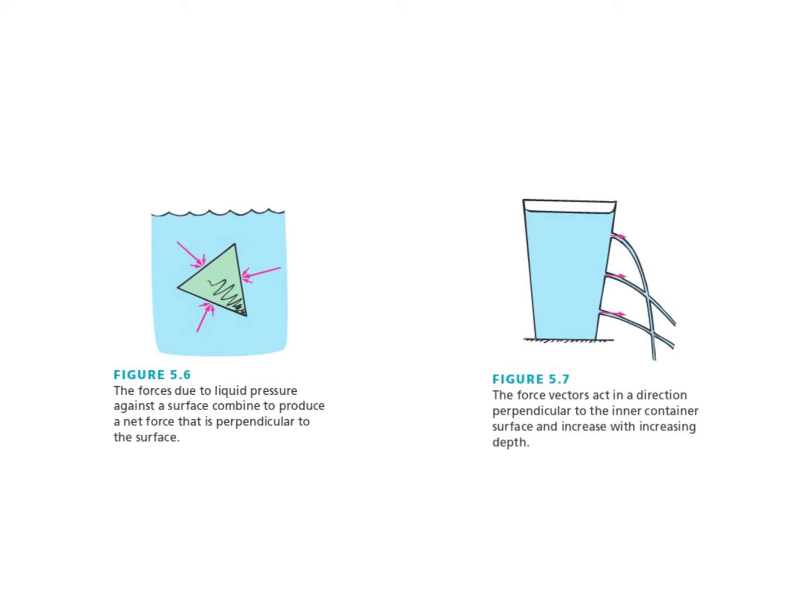And so whatever irregularly shaped object you have, at the point where the fluid is in contact, it's always exerting a pressure perpendicular to that surface.